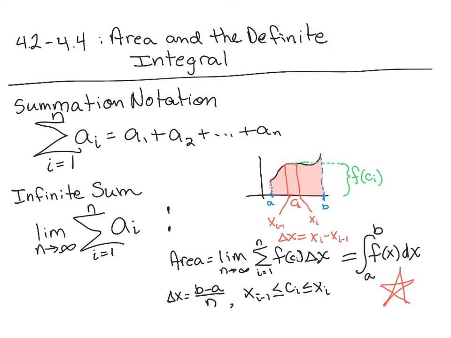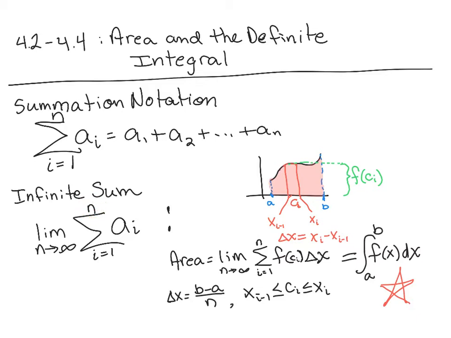That's what this means. So you plug in the 1 for your subscript, then you go to the 2, then the 3, 4, 5 until you get to the top. So this is just basic summation notation. You should have seen it in pre-calc 2. An infinite sum is where this n is infinity.